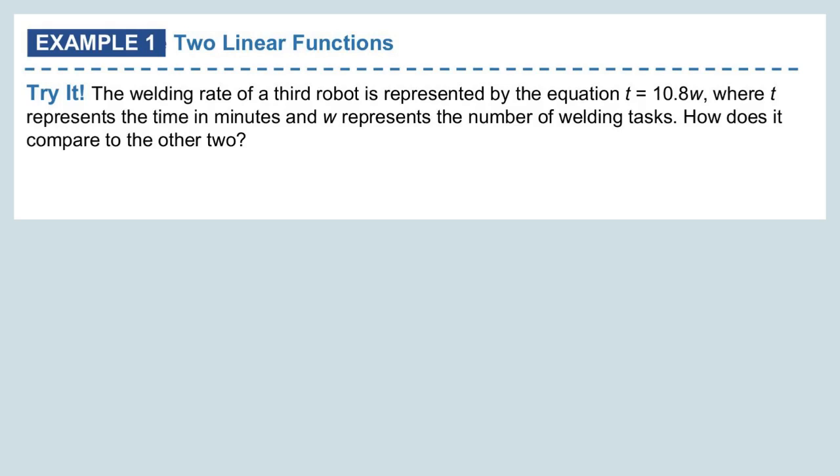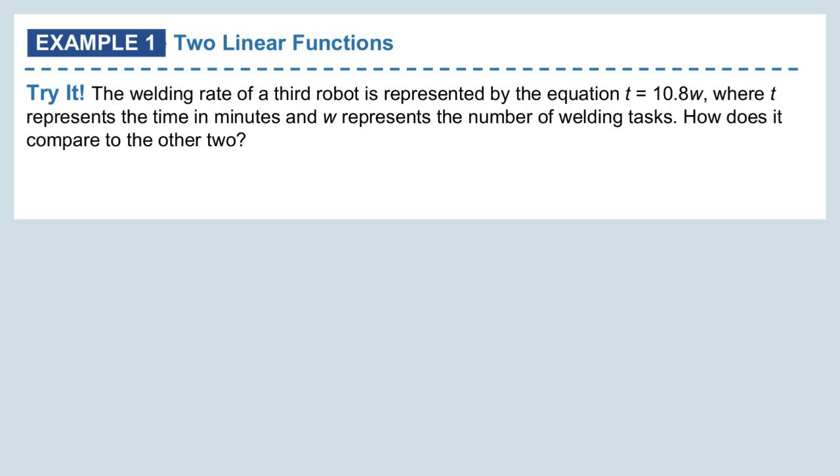All right, so now we are at the try it, and just for fun, let's add a third robot. The welding robot of a third robot has an equation where T is the time in minutes and W represents the number of welding tasks. How does it compare to the other two? Well, let's go back and let's look through these again.